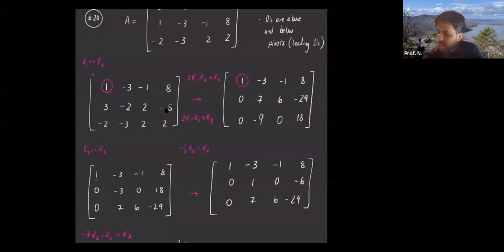So then I'm still going to switch R2 and R3, but this will not be a -3. This will be a -9 instead. And I'm not going to divide by 3, I'm going to divide by -9, right? And so this becomes the correct answer, which is -2.